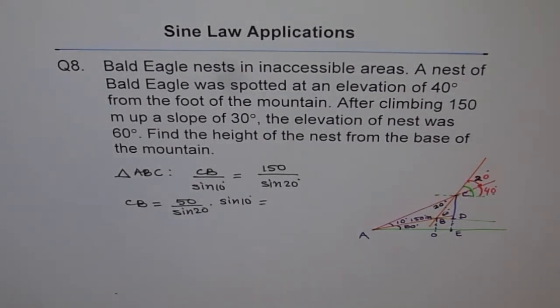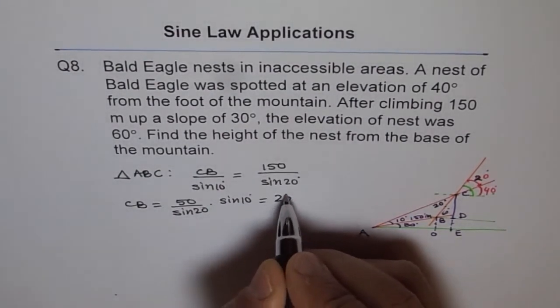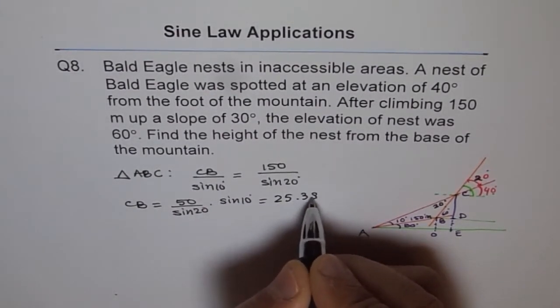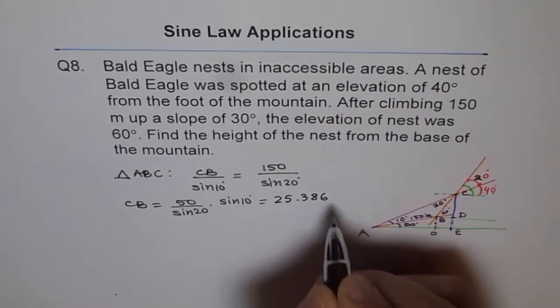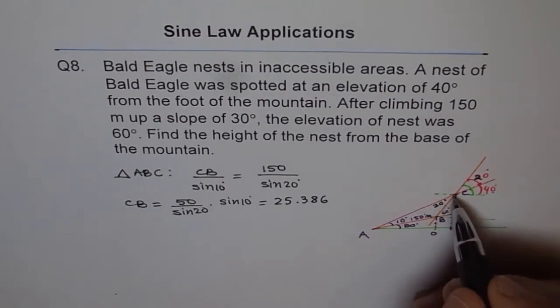So we get 150 divided by sine of 20 times sine of 10 degrees. So we get 25.3856. So let me write this as 6. Okay. So that is CB for us.